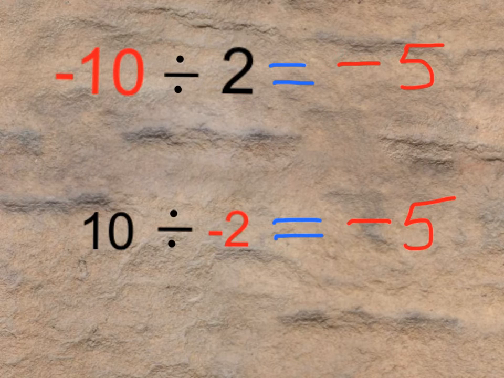The same would be if we had a negative divisor. Putting things into negative groups, it is tricky to think about, but you would get a negative quotient in the end. So, as long as you have one positive and one negative within your division column, your answer will always be negative.